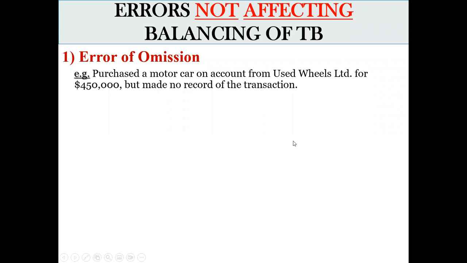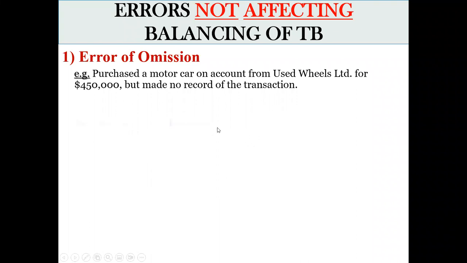Which is the receiving account? The non-current motor car. Are we getting it from Used Wheels? So what does the little rule say? The account receiving is debited, and the giving account is credited.